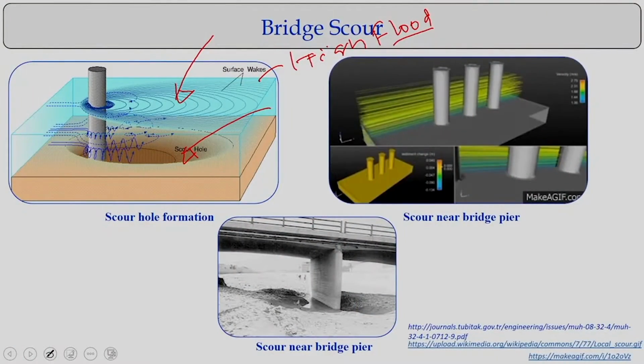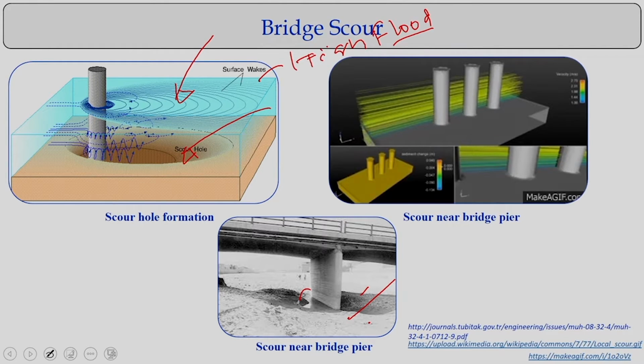For a bridge, we consider a design flood. For the design flood, we have to estimate the scour hole depth and the extent of the scour holes. If you look at these field photographs of bridge piers, you can see the scour holes.